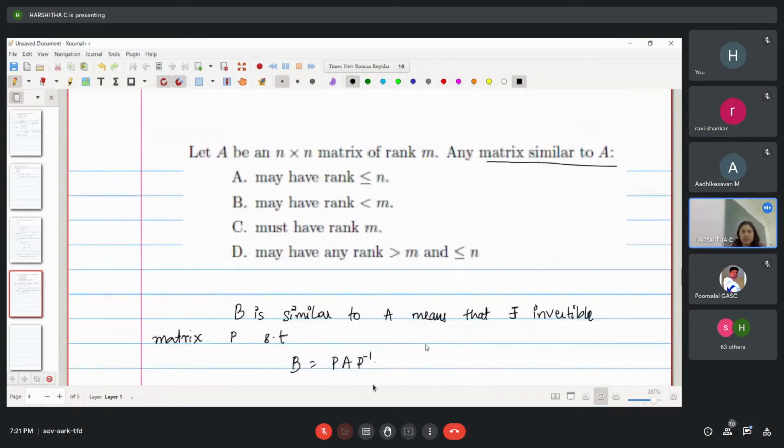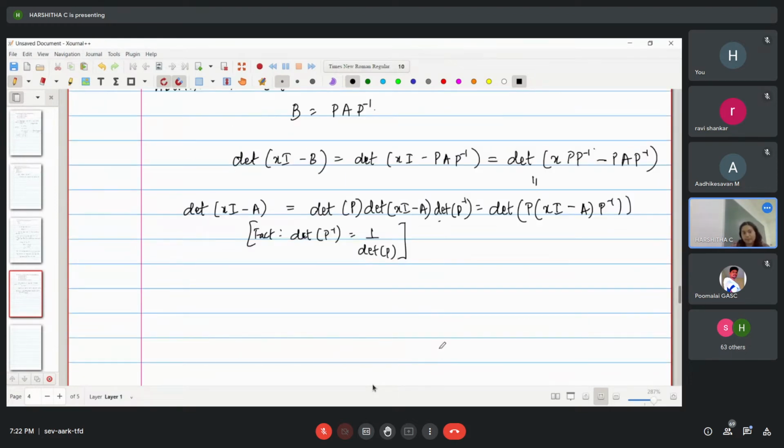But the question is, what about the rank? If you take any matrix and multiply it on the left or right with an invertible matrix, the rank doesn't change. This is something that you can check.